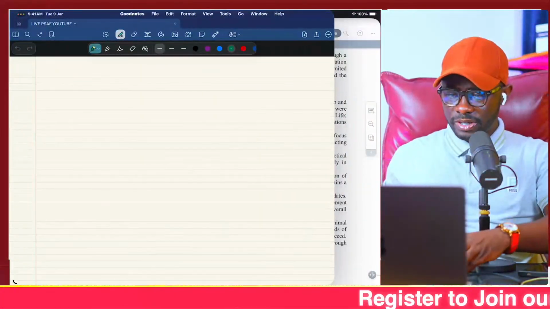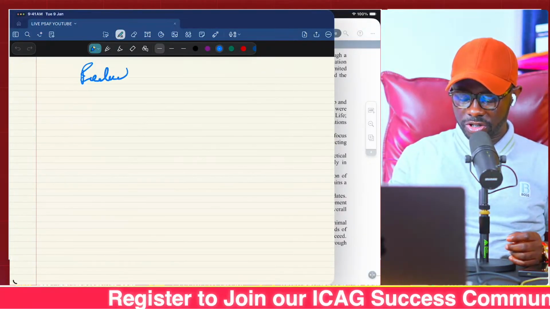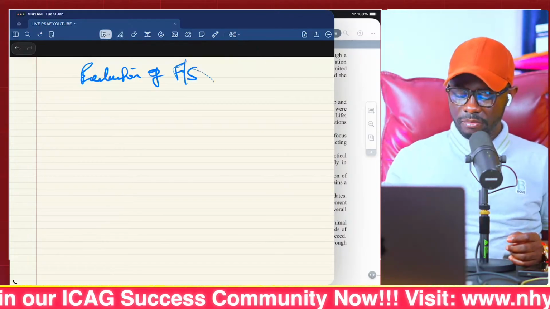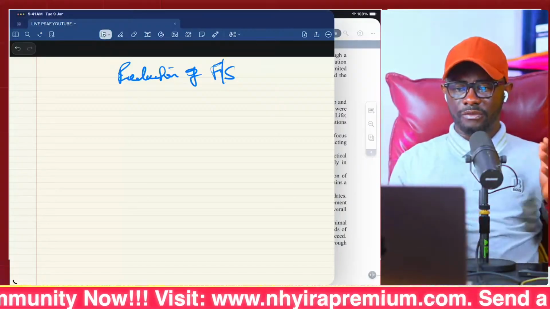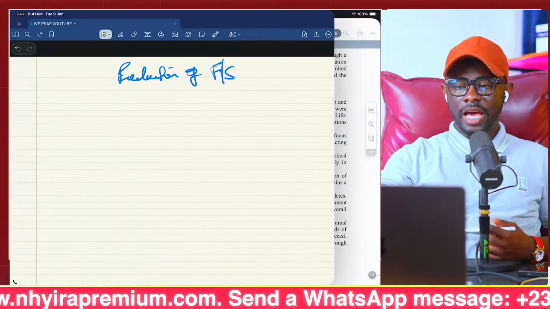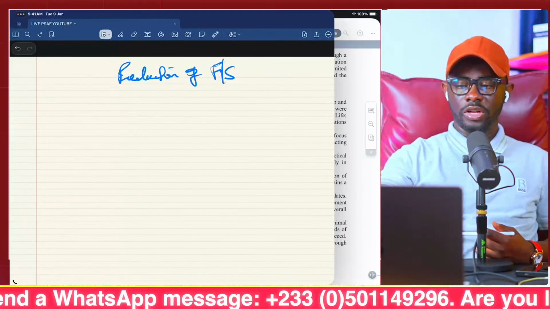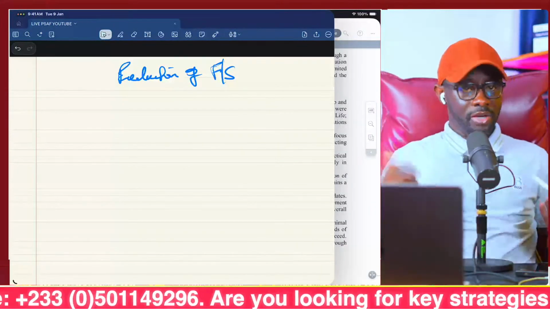Now, one thing you must understand is that when it comes to evaluation of financial statements in the public sector, there are three models, methods, approaches that can be used to evaluate the performance of entities in the public sector environment. It will depend on the objective of the examiner and which styling of question he wants to bring.